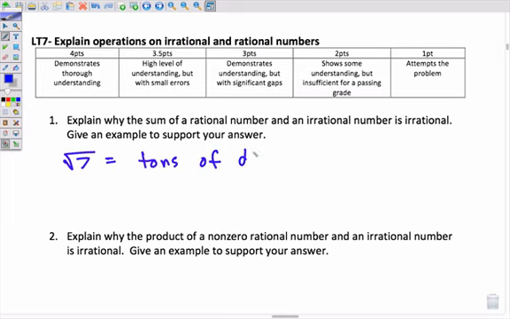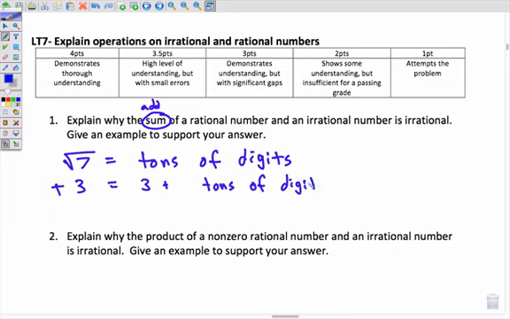And so the main idea of question 1 here is if you add, sum means add, if you add something to an irrational number, if you add a rational number to it, you're going to add 3 onto the front, but then it's still just going to have tons of digits. Pardon my grammar. Tons of digits. And so that is still going to be irrational.